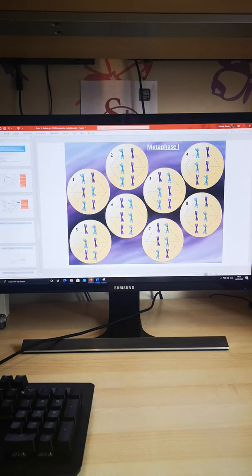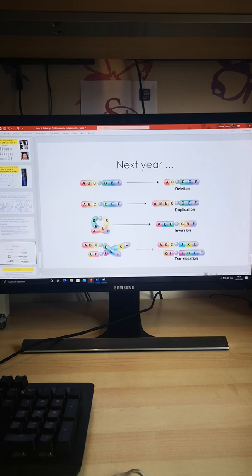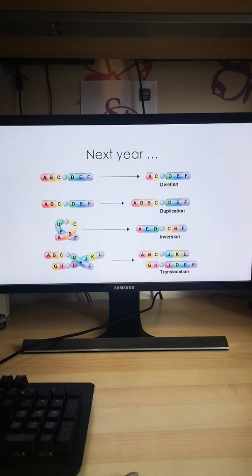Right, whiz back to there. One thing to look forward to then, mutations come up again next year. So we'll be doing mutations at gene level. That's when we would be doing addition as well as substitution, inversion, etc. But we're also doing them at chromosome level again next year.